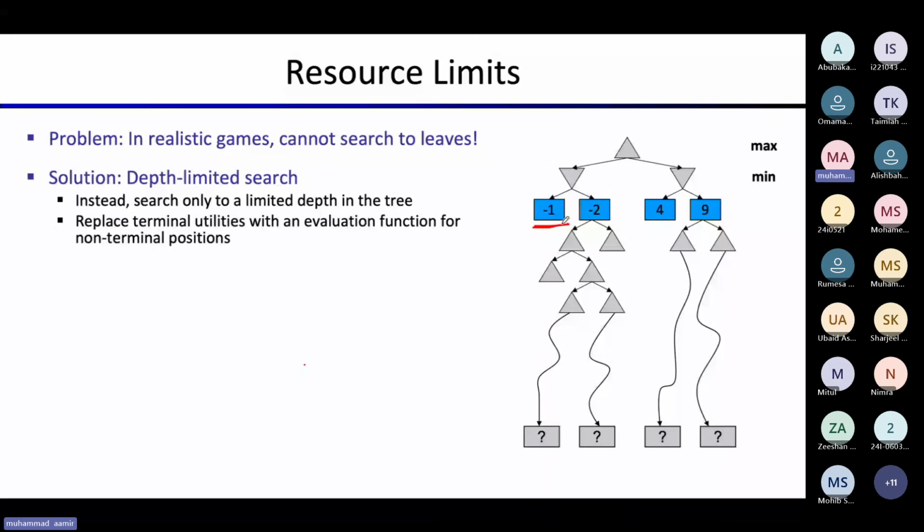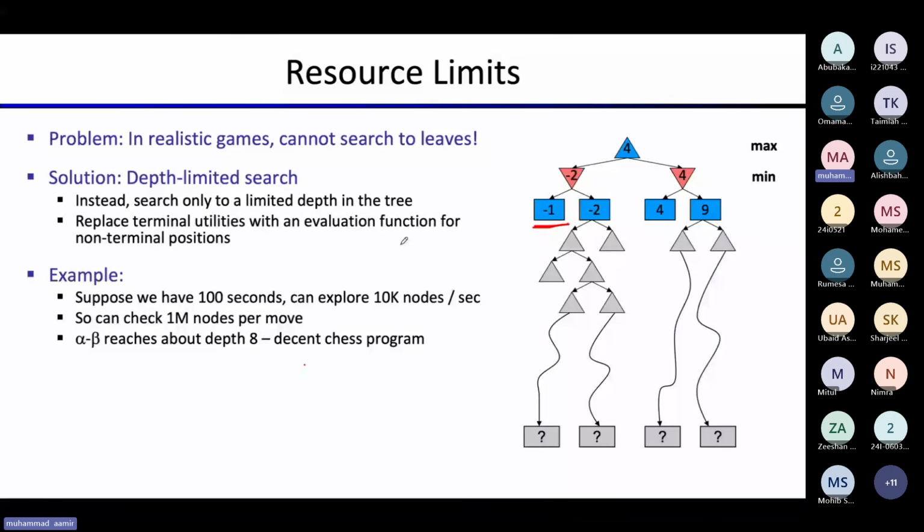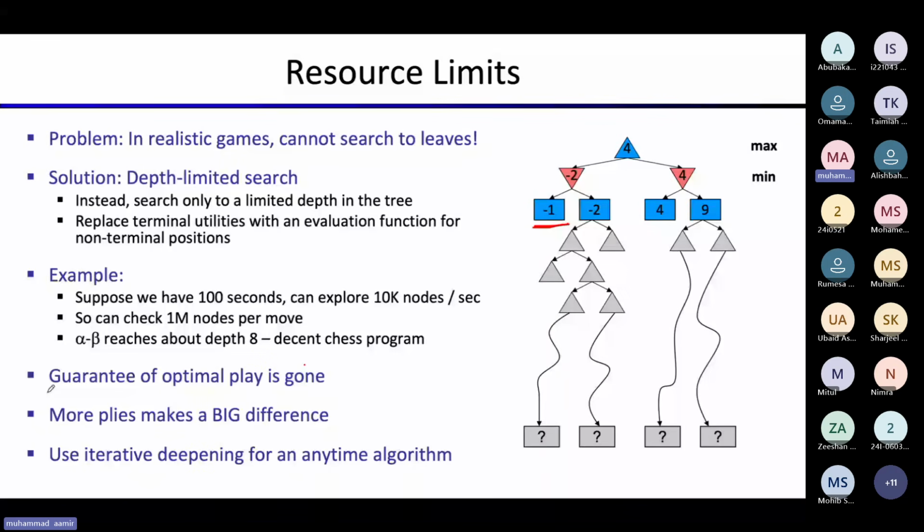If the evaluation function or the utility function is not good, you are not going to win using the estimated values. So the guarantee of optimal play is gone because you are not going until the end of the utility states, and there are chances that you are not going to win the game. So optimality is not guaranteed in this particular scenario.